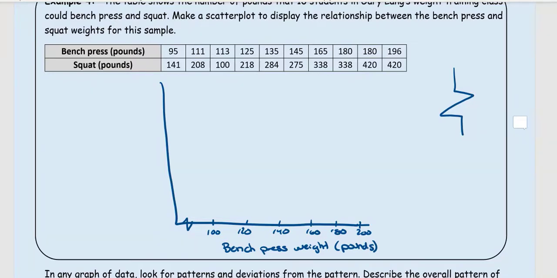Now, over here, we're going to put squat weight. And again, that is also in pounds. Now, it looks like squat weight goes from 100 pounds to about 420 pounds. So we're going to go a little bit bigger here on our axis. Again, we're not going to start off exactly at 0 here.